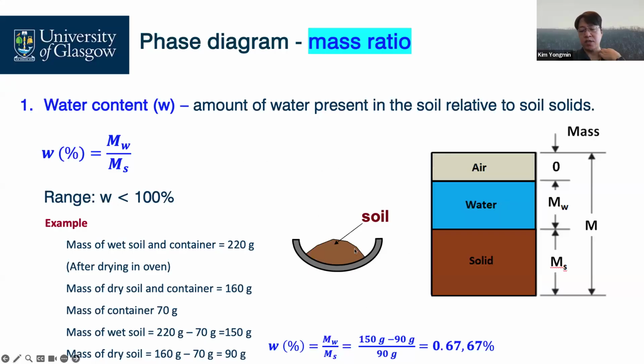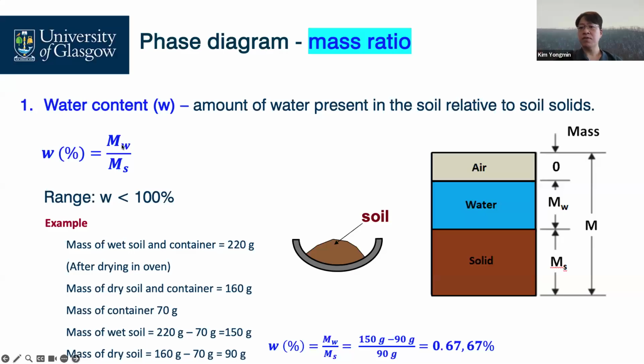So let's say we have a certain soil, and then we can weigh the soil first, and then we can also measure our container mass. Then put it in the oven, weigh again. We can get soil mass, dry soils plus water mass.